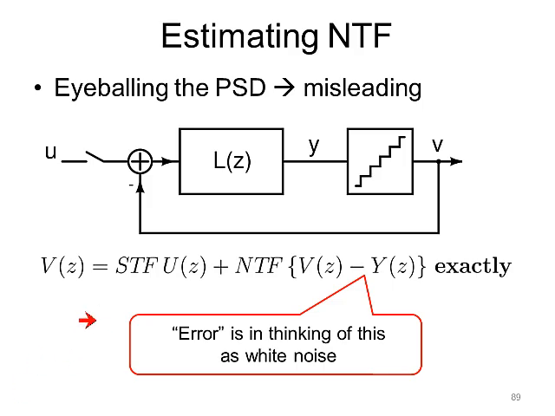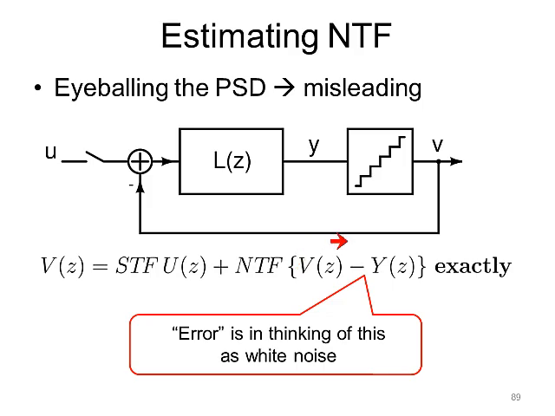However, this can be fixed in simulation by using the following approach. The output, as we saw, is the signal transfer function times U plus the noise transfer function times the quantization error. The quantization error is this sequence minus that sequence. In a physical modulator, when the chip comes back, you have no access to the input of the quantizer. However, when you run simulations, you do have access to that quantity.